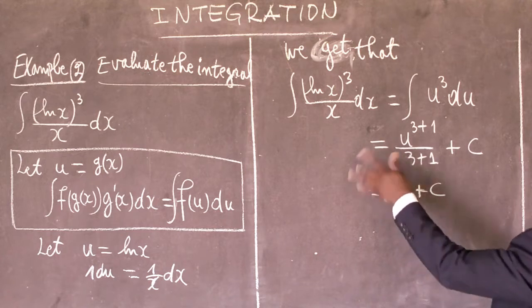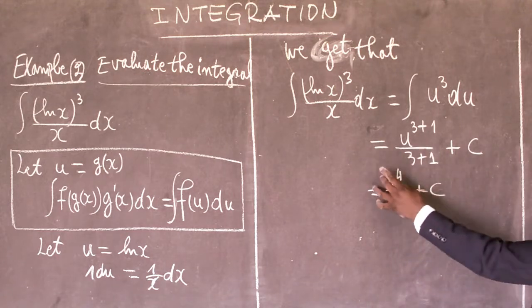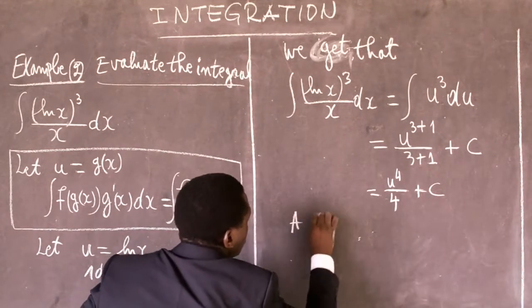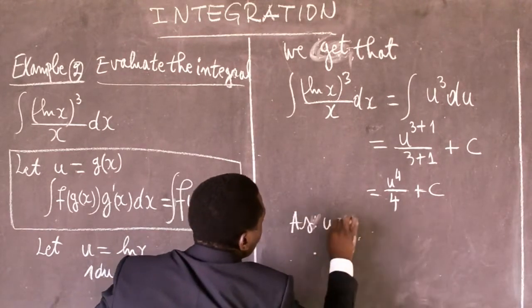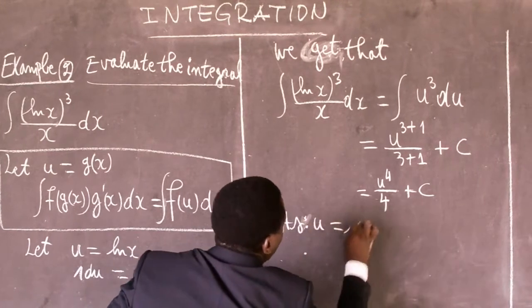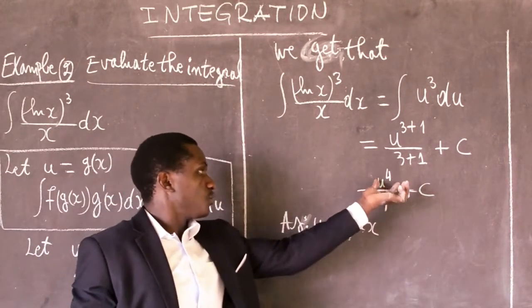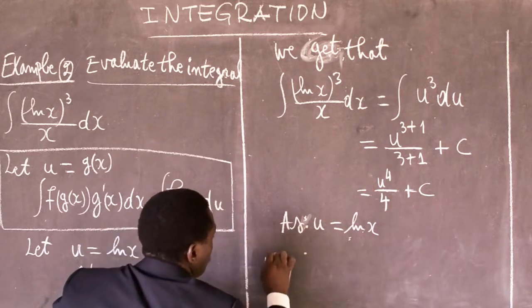So from this step, we need to replace u by its value, okay? As u equals ln x, we need to replace u by ln x.